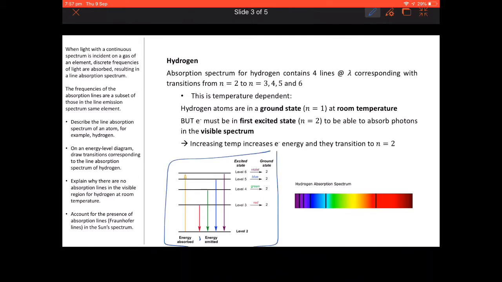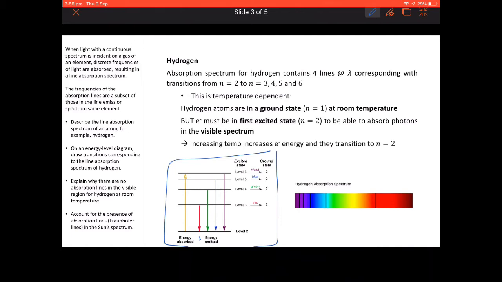This is temperature dependent, and this is because hydrogen atoms are in the ground state at room temperature. But electrons must be in the first excited state, which is n=2, because the ground state is n=1. So they must be in this excited state to be able to absorb photons in the visible spectrum.